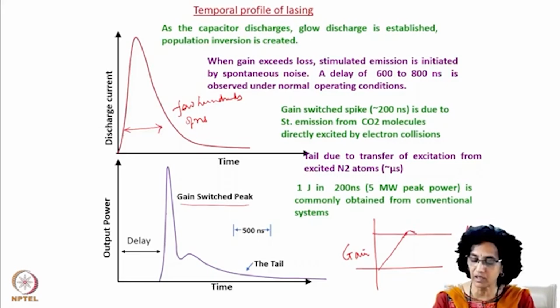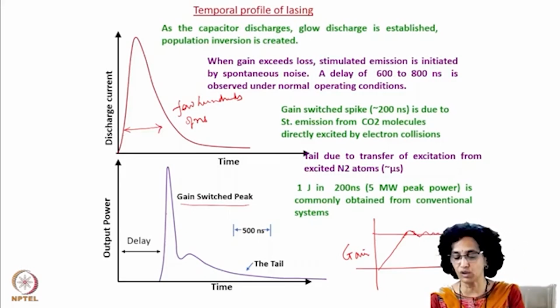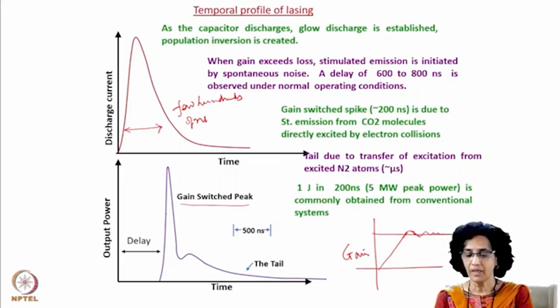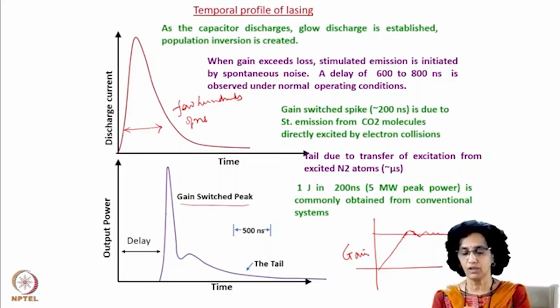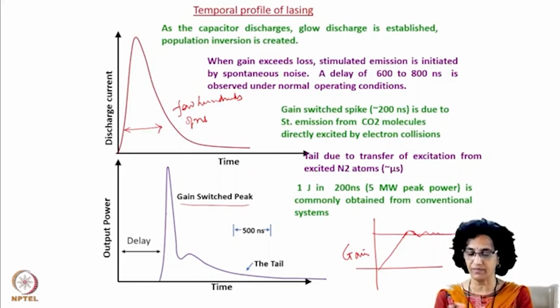And when it further goes down, then the gain becomes less, then it again goes up. So eventually these are the transients, and it gets locked to the loss line. This is called latching. I think you must have studied this in your previous classes.